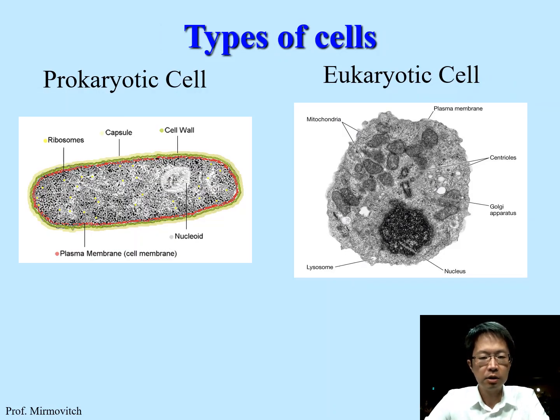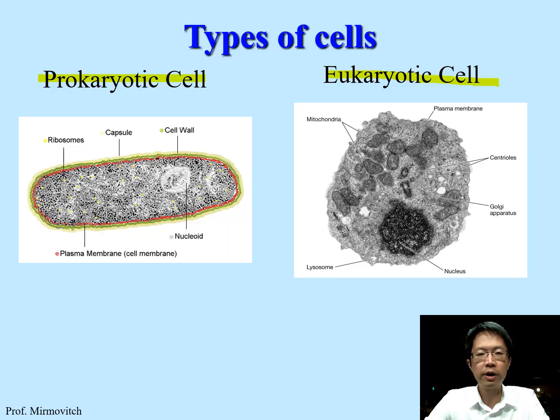Well, let's take a look at the prokaryotic cell and eukaryotic cell. If you look at this picture, you can see that in eukaryotic cell we have a lot more organelles. Eukaryotic cell is very complex.